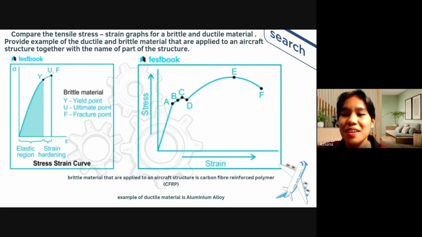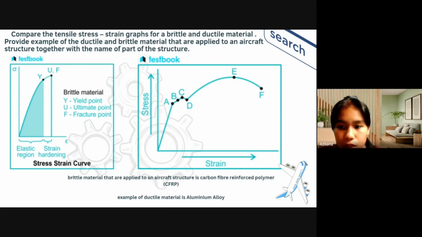Brittle materials normally indicate a stress strain curve with a pointy top, accompanied by a means of sudden fracture. So the graph indicates minimal plastic deformation before the failure. The fracture is commonly a result of cleavage or other brittle fracture mechanism.